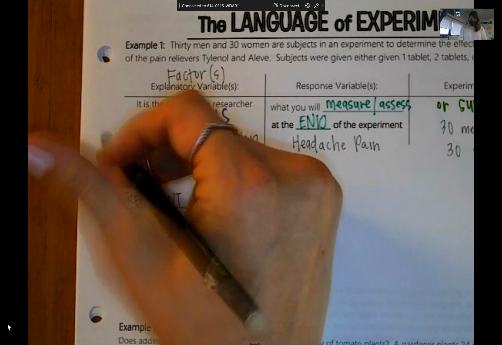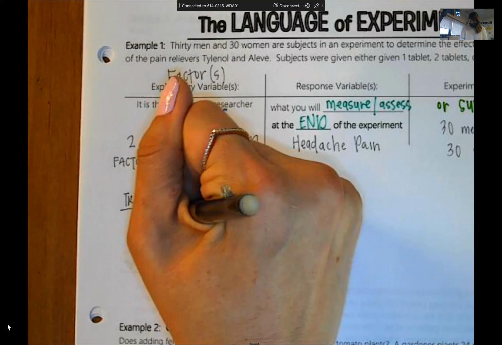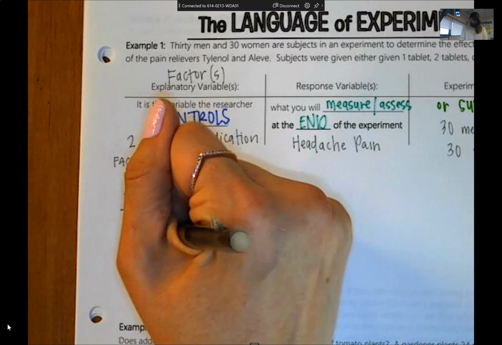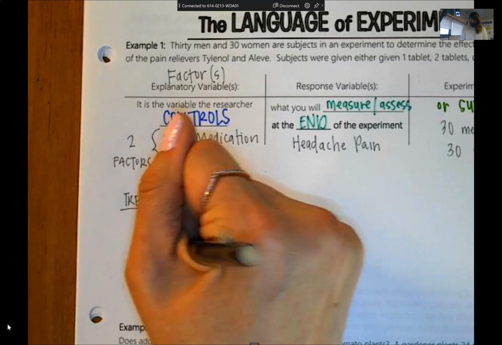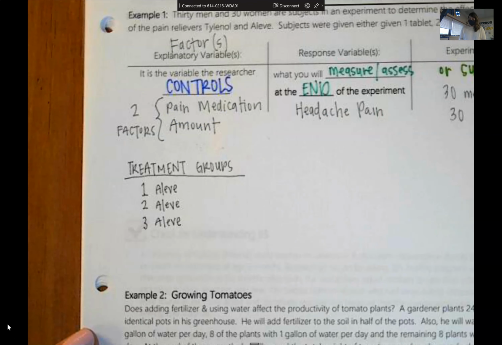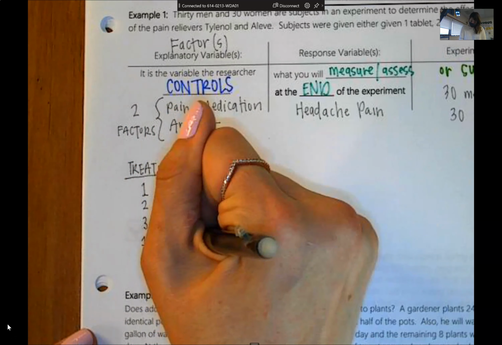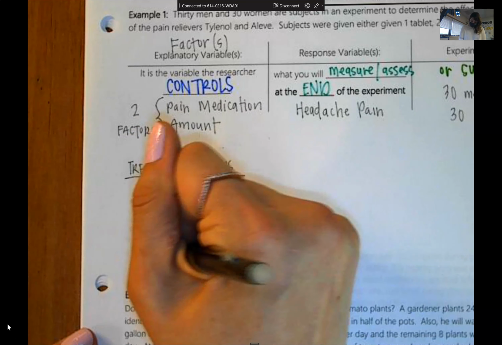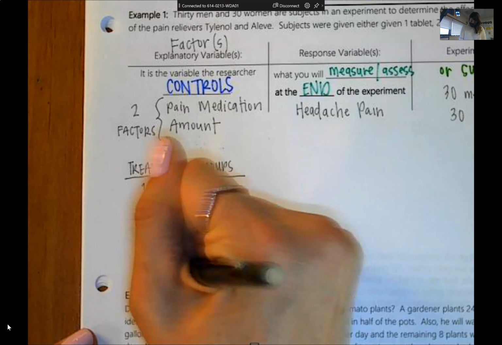So you could have 1 Aleve, 2 Aleve, or 3 Aleve. You could have 1 Tylenol, 2 Tylenol, 3 Tylenol.